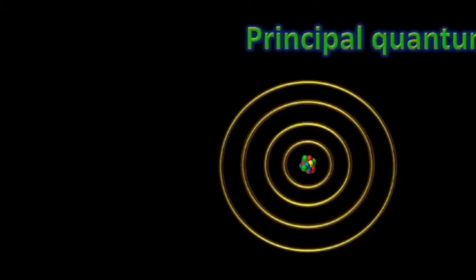And the second one is the azimuthal quantum number. It gives the shape of the orbit. For n equal to 1, the azimuthal quantum number L takes the values 0 to n minus 1.